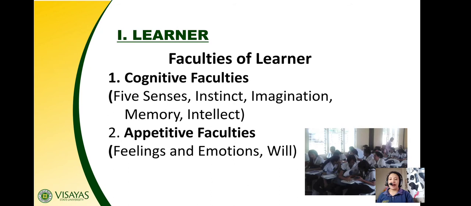So in addition, we have here the first, the faculties of the learner. Additional lang siya. So the learner is composed of two faculties, the cognitive and then the appetitive faculties. So cognitive faculties, it pertains to this more on thinking. So we have the five senses, the instinct, imagination, memory, and intellect. On the other hand, the appetitive faculties, it pertains naman to feelings, emotions, and will.